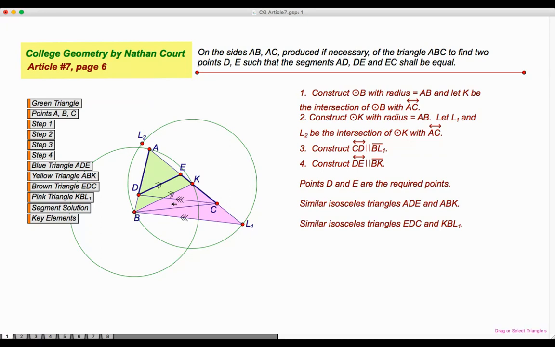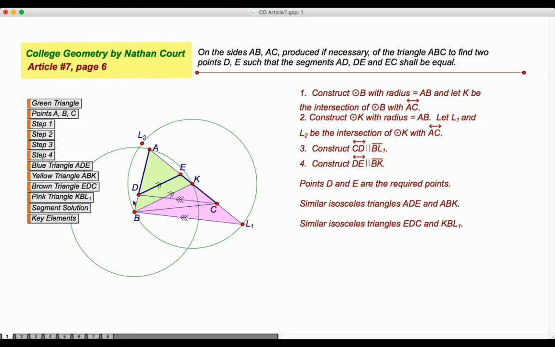The pink triangle, rather, is an isosceles triangle with K as the vertex angle. Wow, wait a minute. BK is equal to KL1 is equal to AB. That seems to be okay.